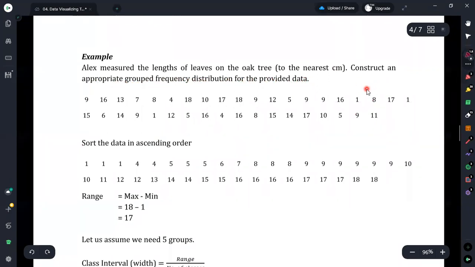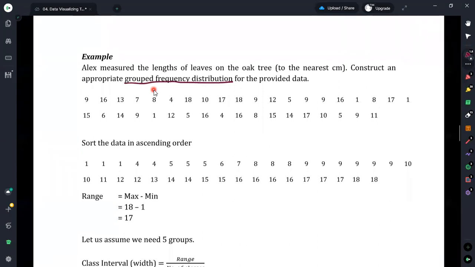If it is not given that you have to construct a grouped frequency distribution, you may suppose that you will construct the ungrouped frequency distribution.